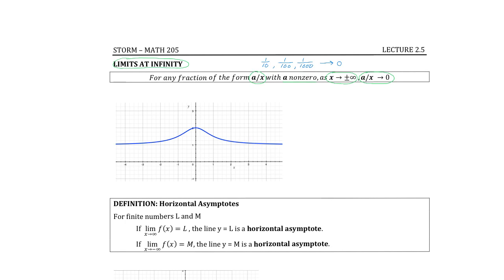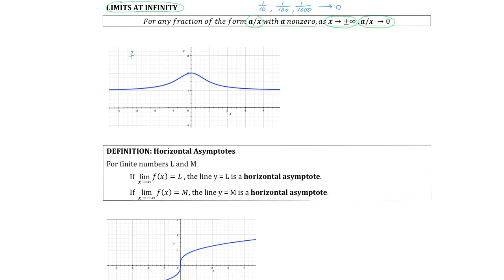So let's look at what limits as x goes to negative or positive infinity means graphically. If we look at this graph, I'll just call this graph F. And from algebra, maybe you could see that we have a horizontal asymptote of y equal to 1.